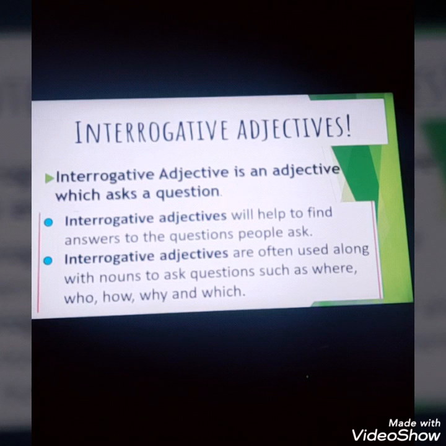These sentences have interrogative adjectives in them. The words what, whose, and which are adjectives since they describe the animal, the book, and the dress. As they ask questions, these adjectives are called interrogative adjectives.